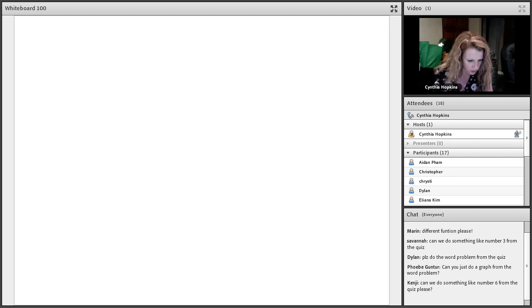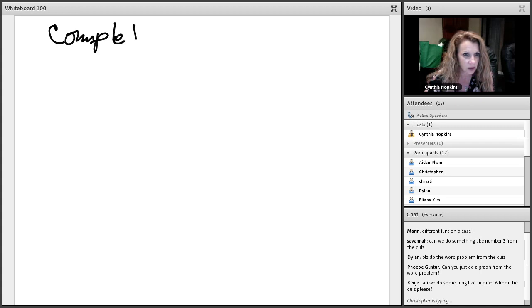I'm taking this equation from page 180, but that doesn't really matter. So I'm just going to title this Completing the Square.